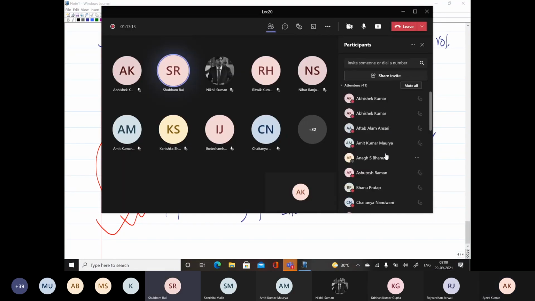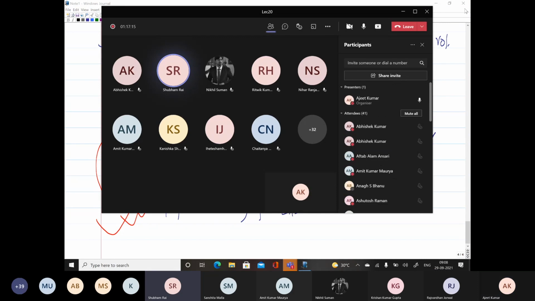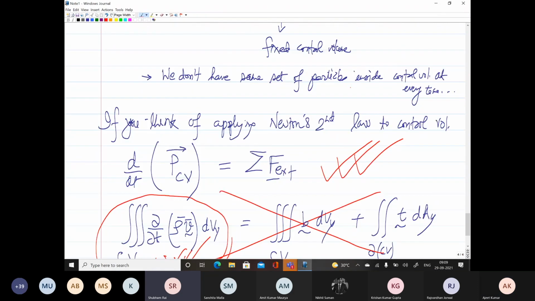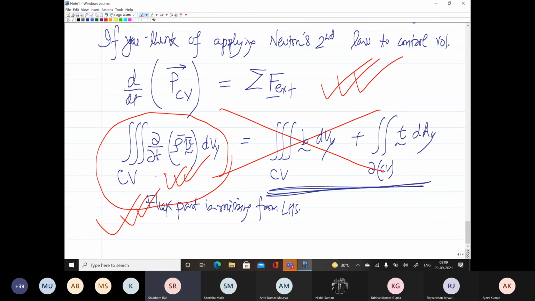Sir, when we talk of fluids, acceleration in any flow system or in any control volume system has two components, right? One is spatial and one is the material time derivative. Convective acceleration and spatial acceleration.